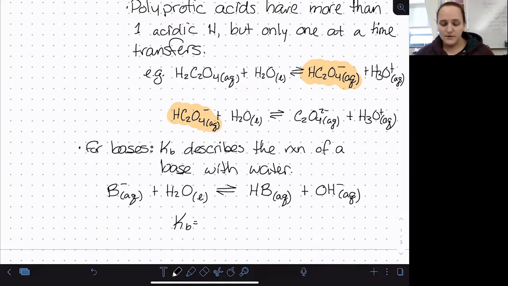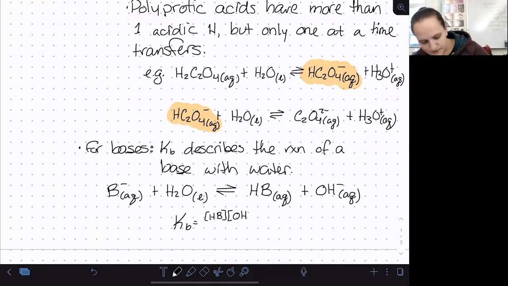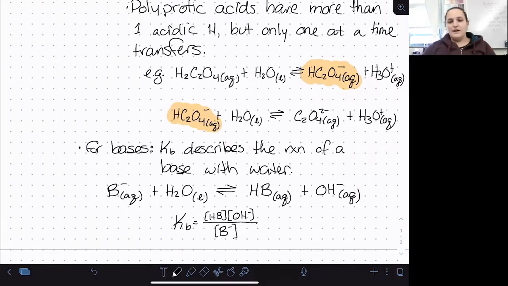There's always a base plus water. And our equilibrium expression is always the concentration of the conjugate acid times the concentration of hydroxide over the concentration of the base. And again, the only thing that would really vary here is what is your base.